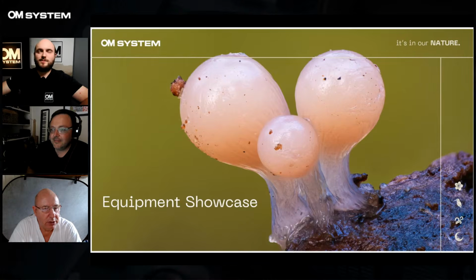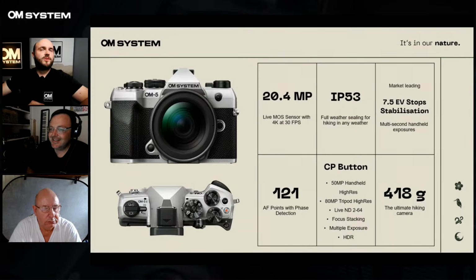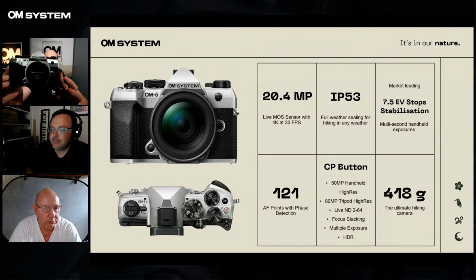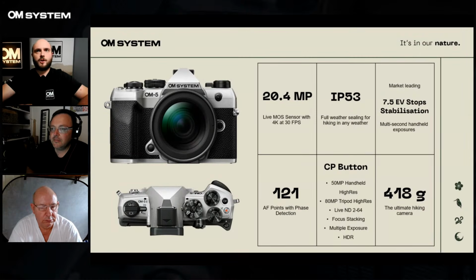Okay, so let's have a look at some proper equipment. The first thing I want to bring up is the OM5. I always bring this to the camera for you guys to have a look at. And there it is in all its beauty. So the OM5, for me, is a great learning tool for macro. It has some of the abilities to go all the way in terms of focus stacking and bracketing.